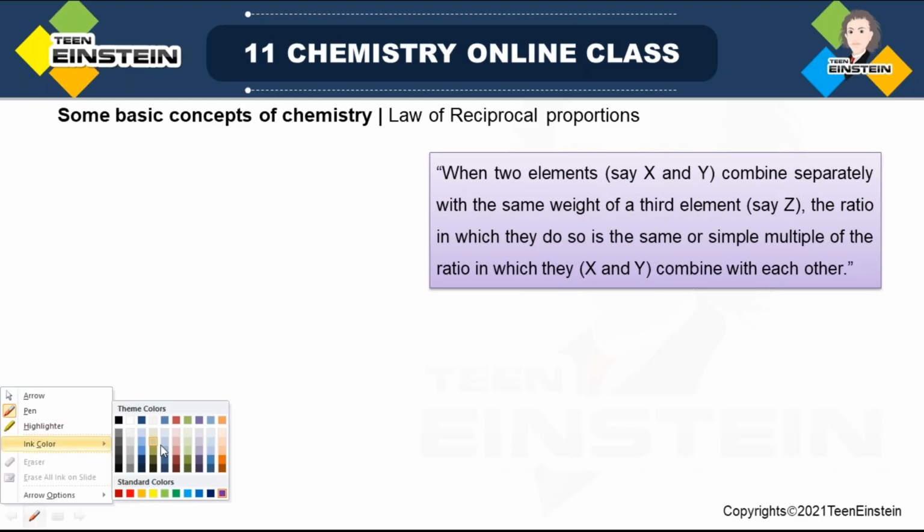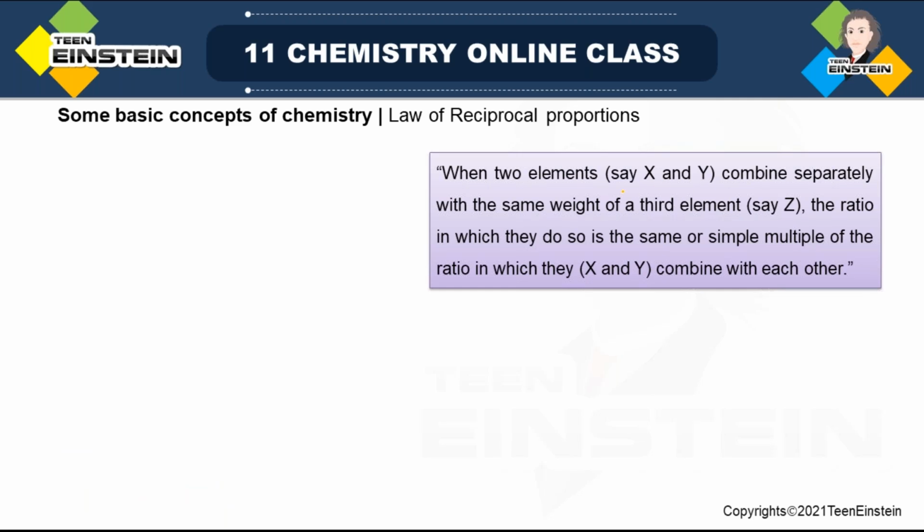So in this case we will take 3 elements, X, Y and Z. 2 elements, suppose X and Y, they are combining separately with the same weight of a third element, and that third element is Z. So X is reacting with a fixed mass of Z. Y is also reacting with a fixed mass of Z. Now the ratio in which they are doing so, that means X and Y, that ratio will be same or simple multiple of the ratio in which they are combining with each other.